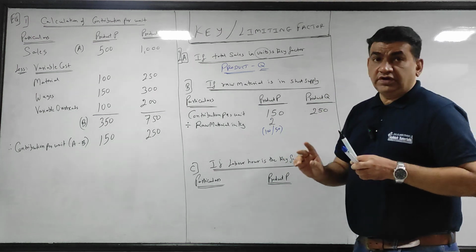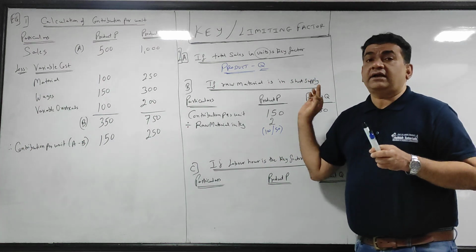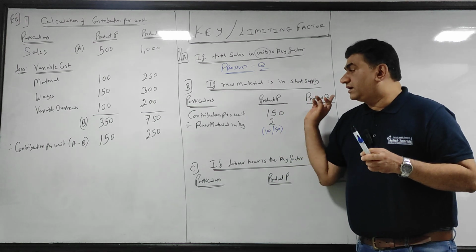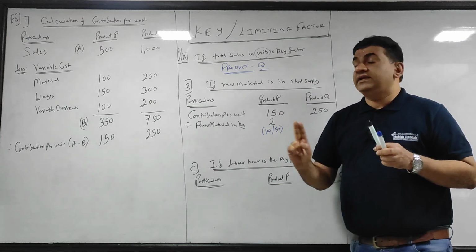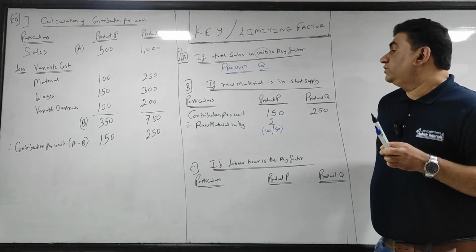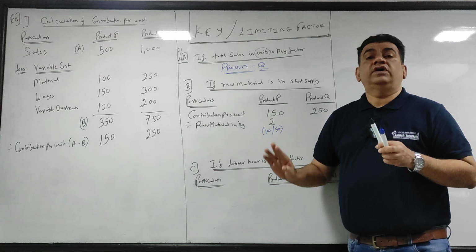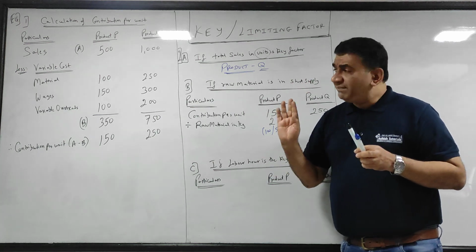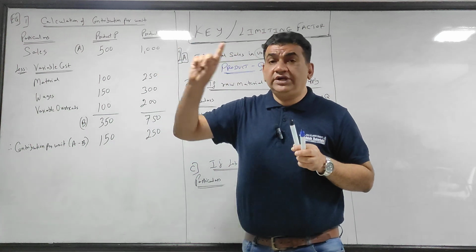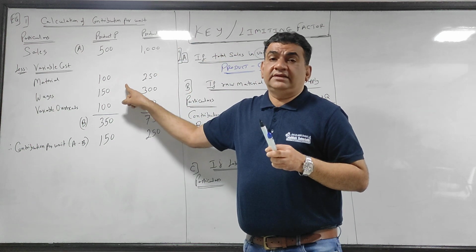is 2. So to manufacture one unit of product P, I need 2 kg of raw material. Repeating again: to manufacture one unit of P, I paid 100 rupees for material.